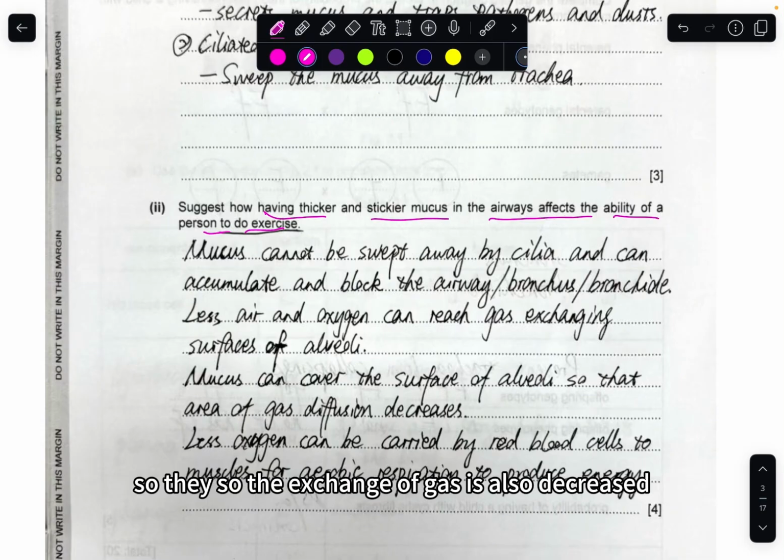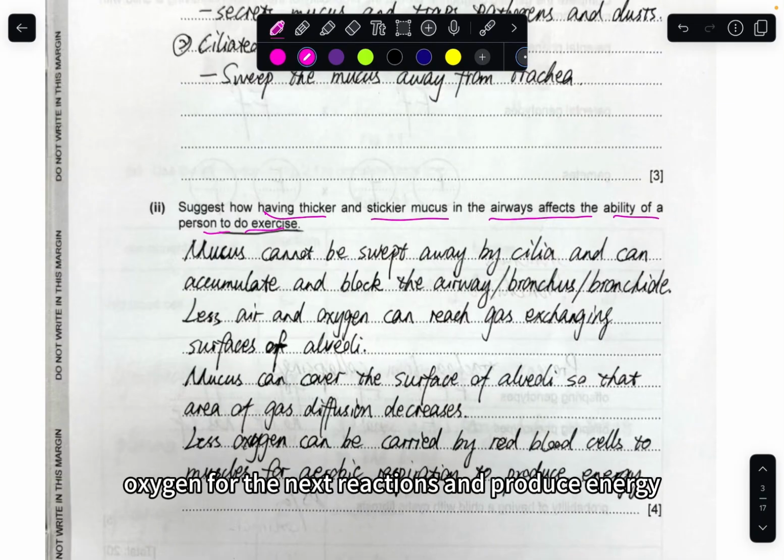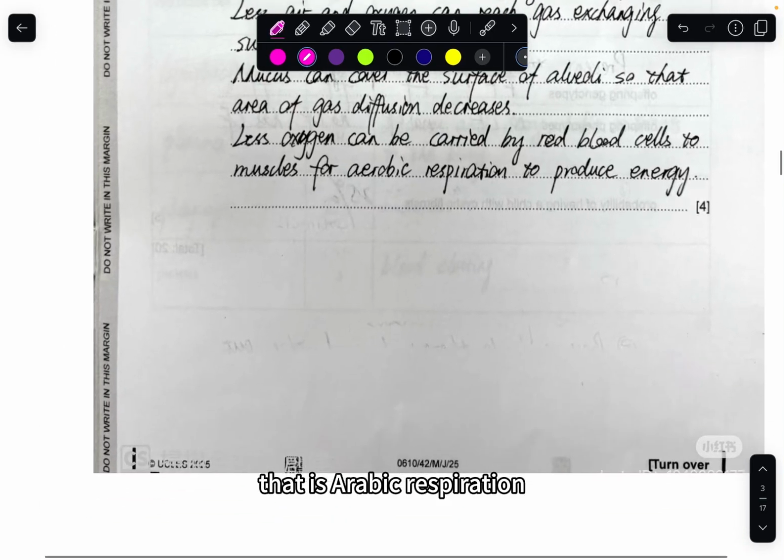So the exchange of gases also decreases, there will be less oxygen in the blood, and the muscles will not have enough oxygen for the next reactions to produce energy. That is aerobic respiration.